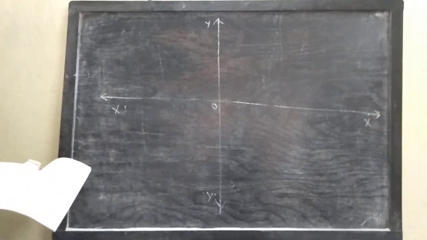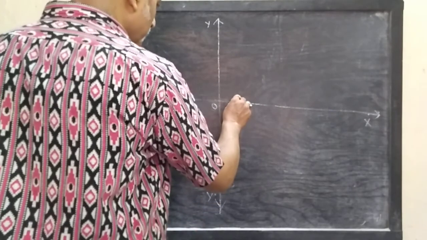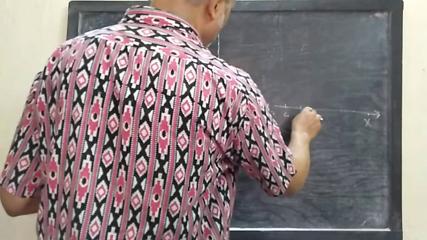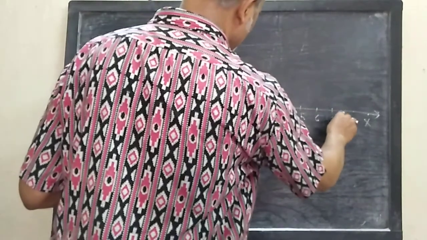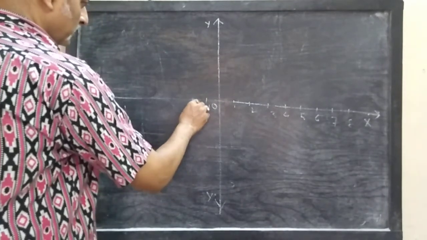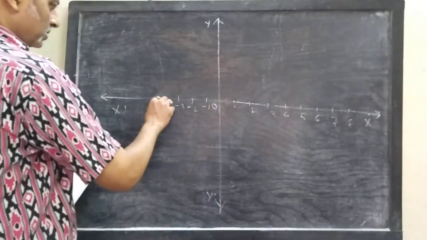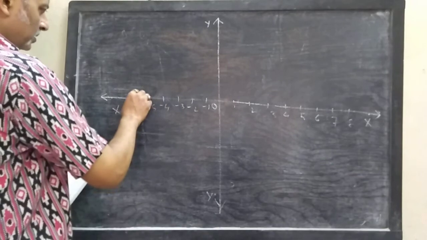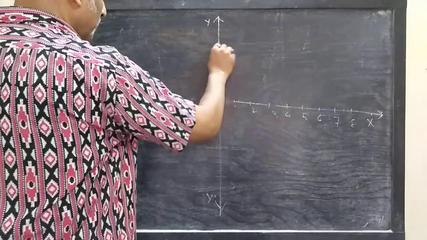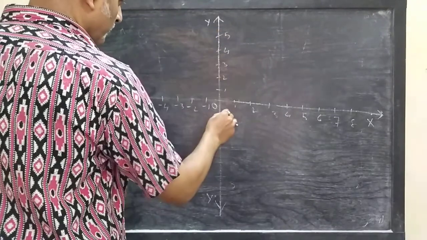A is (0, 3). This is 1, this is 2, 3, 4, 5, 6, 7, 8. Minus 1, minus 2, minus 3, minus 4, minus 5, minus 6. 1, 2, 3, 4, 5.